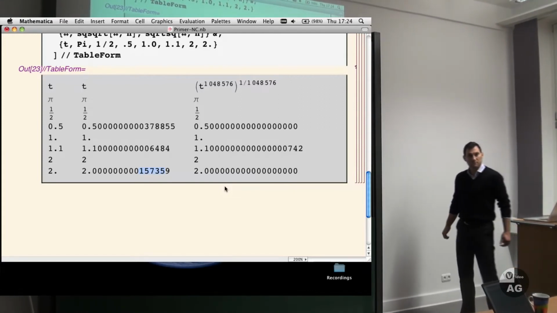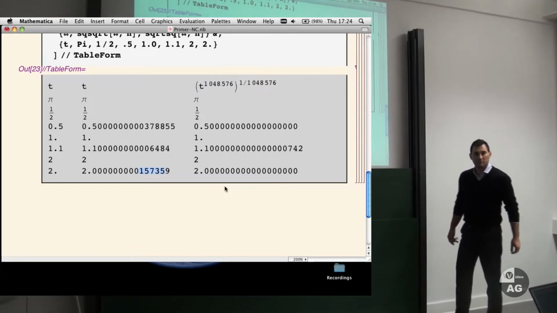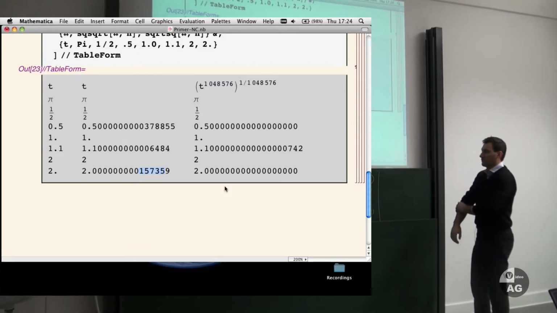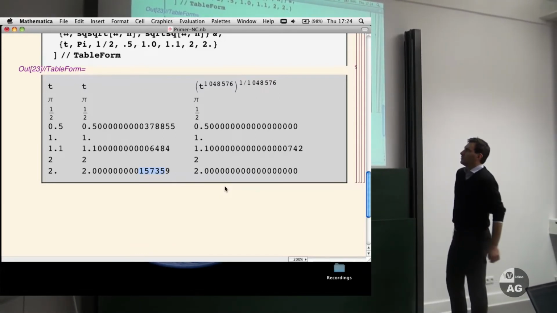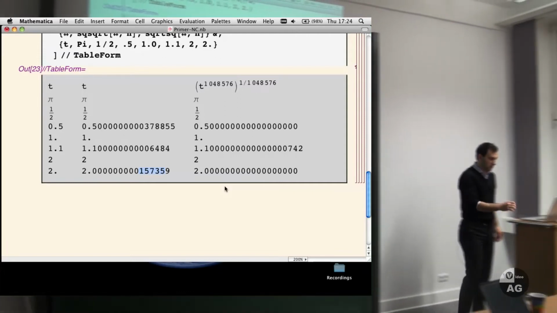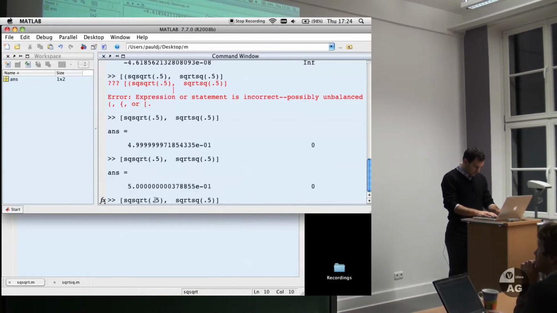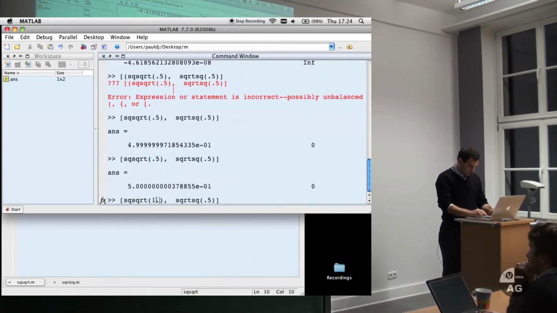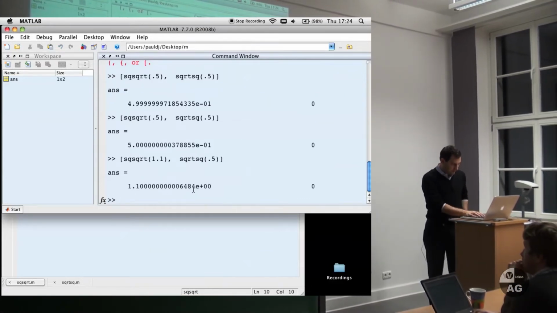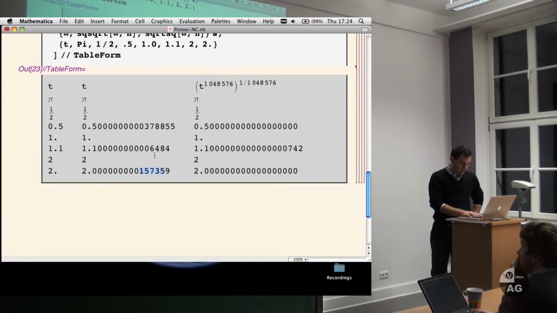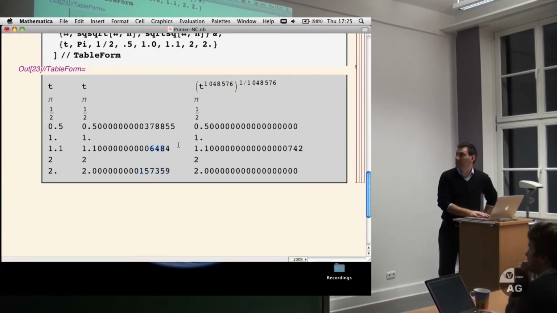Because you could maybe do something fancy with square root by approximating it or something. But it's the same answer. So far so good. Let's look at maybe 1.1. 6484. Look at that. Absolutely identical.